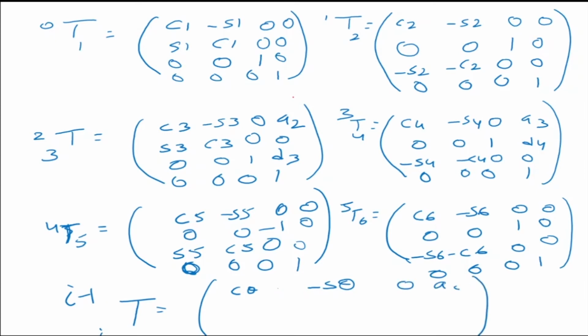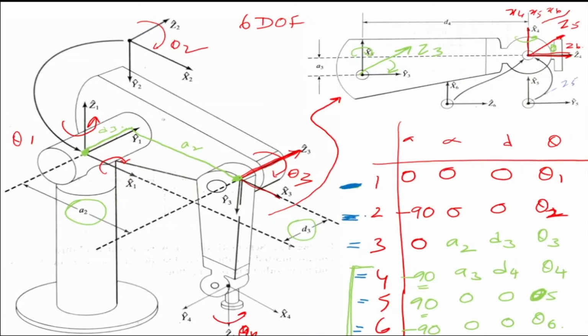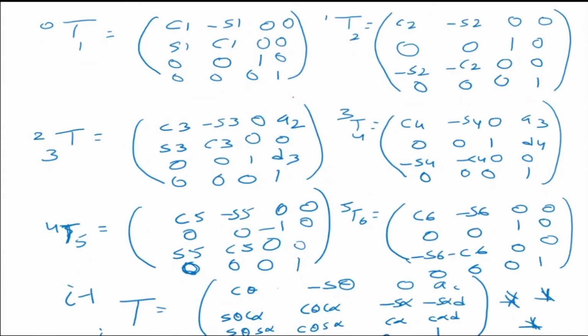Then it was sin theta cos alpha, cos theta cos alpha, minus sin alpha, and here it is minus sin alpha d. The third row is sin theta sin alpha, cos theta sin alpha, cos alpha, and the last entry is cos alpha into d. Then 0 0 0 1. This is the generalized matrix. So what we do is take one row of the table, put it in the generalized matrix, and get our transformation matrices.